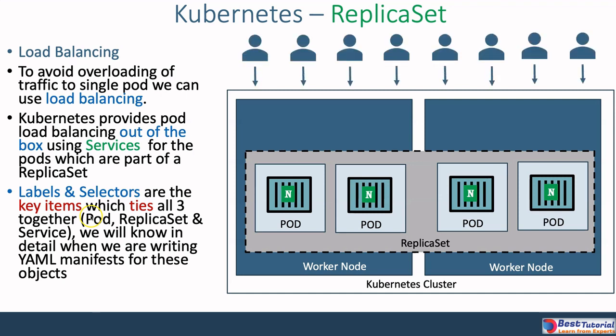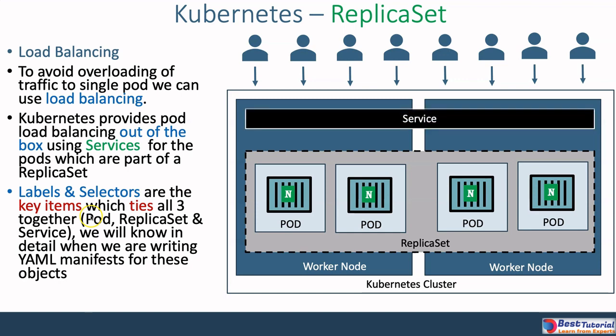And to access the applications hosted on these pods and allow effective load balancing, we will have the services in the middle. Services will distribute the traffic to the respective replica set and the pods present inside that. So with that said, in combination with replica set and services, we can achieve effective load balancing in Kubernetes.